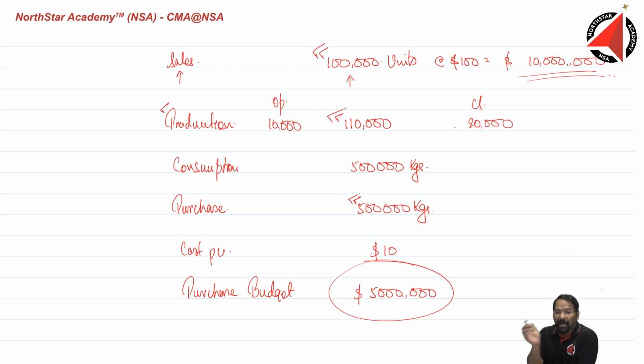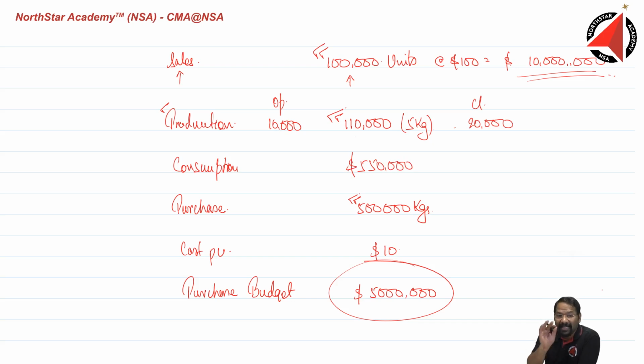Now, if my production has to be 110,000, then my consumption should be how much? Remember I told you 5 kg per unit I require. So my consumption will be 550,000 kgs.